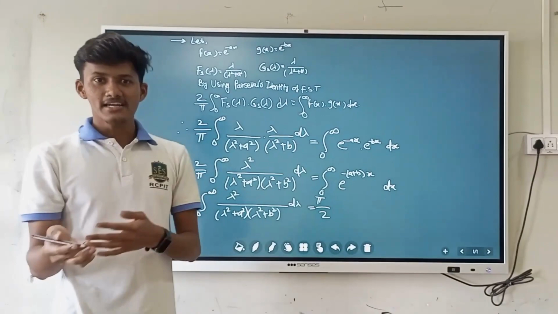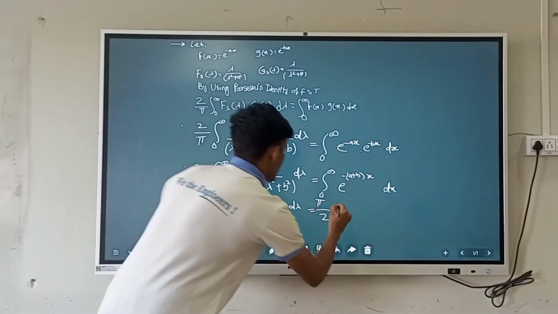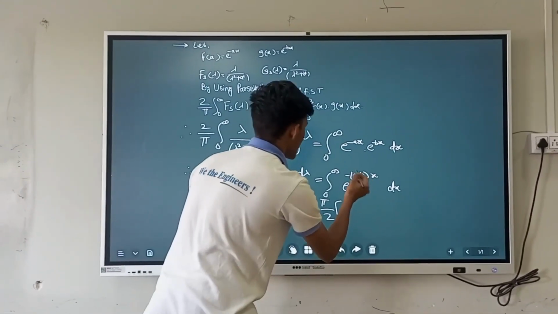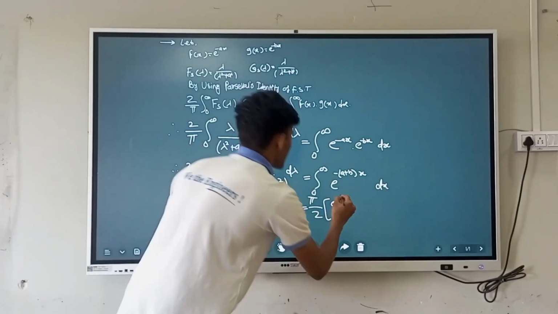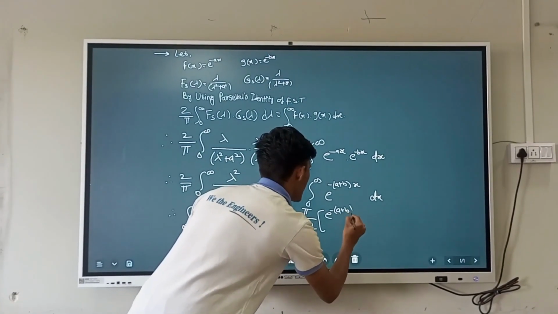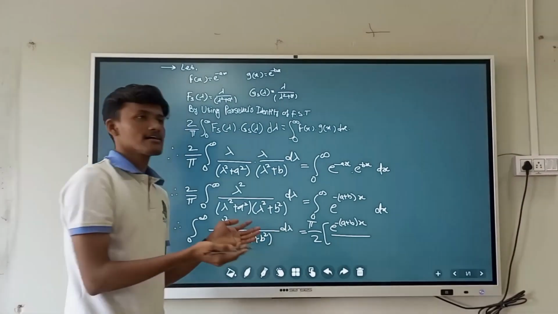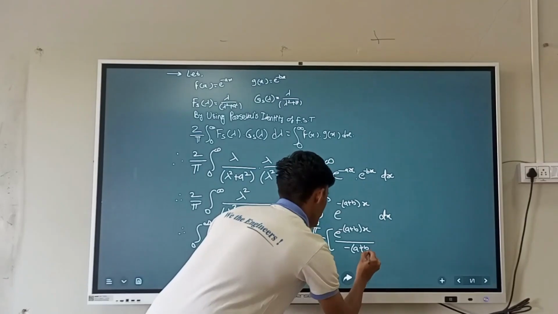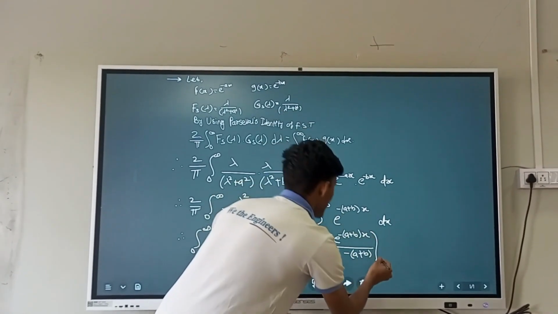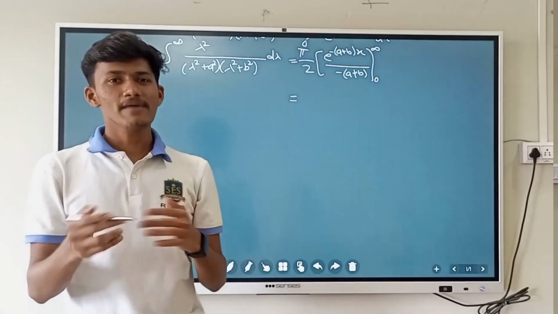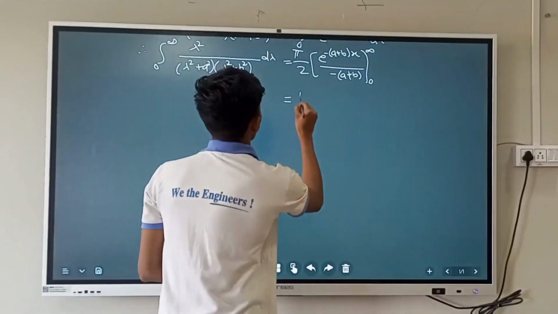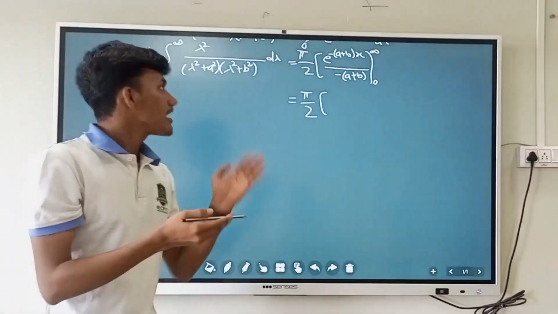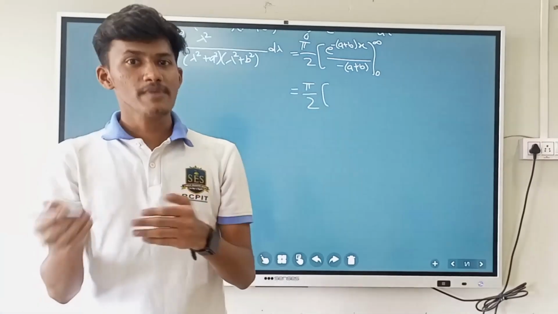Then here we will take the integration of the respective function. The integration of e raised to minus (a plus b) x is e raised to minus (a plus b) x, and we have to divide it by its coefficient, which is minus (a plus b), and the limit varies from 0 to infinity. Further, by substituting the limit, first of all we will put the upper limit at the place of x, and as we know, e raised to minus infinity is 0.